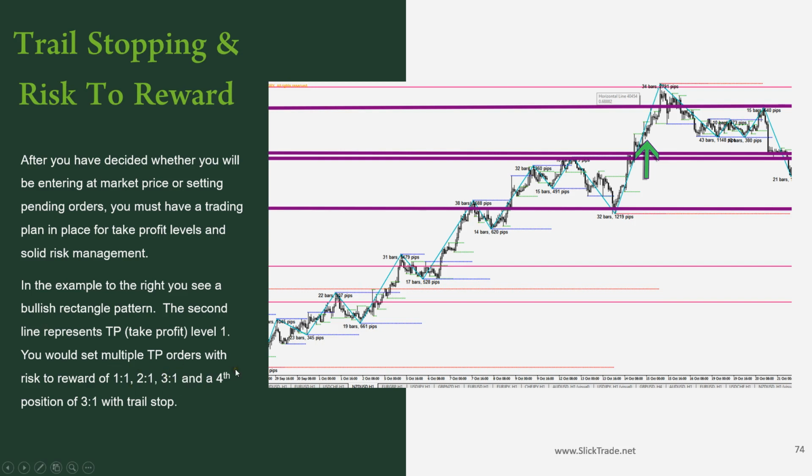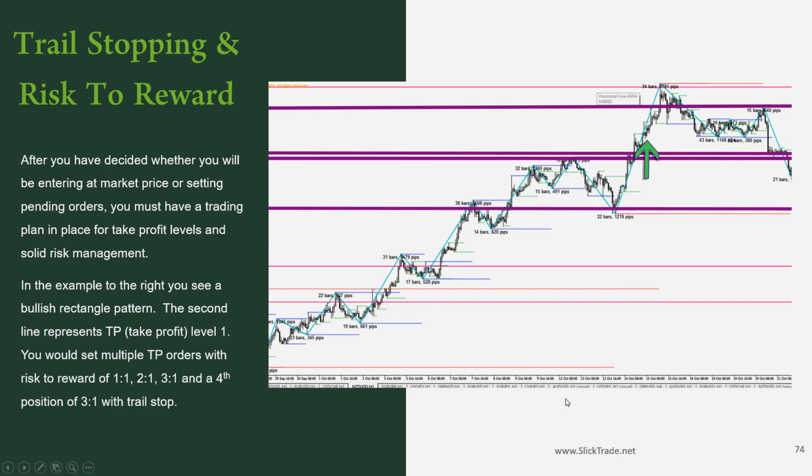And then your fourth 3 to 1, you would also move. However, if it continues in profit, that fourth position is the one that you would continue to move, so you can continue to get the most profit out of it. So that's how I work my 4 positions.